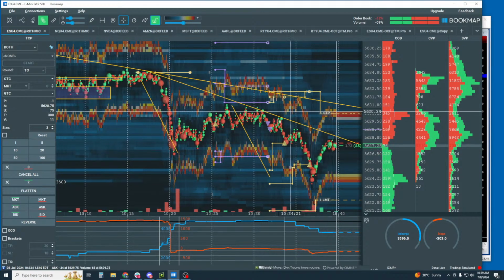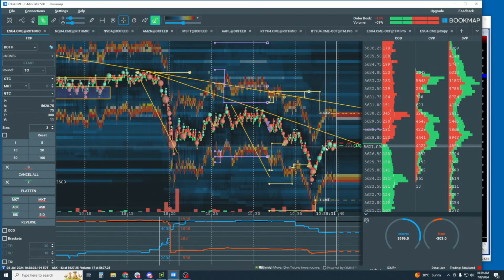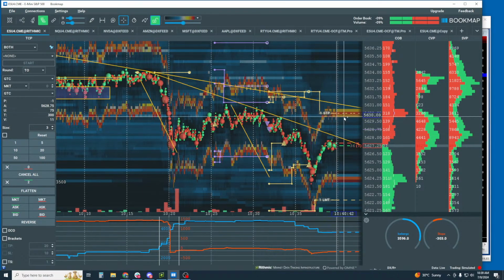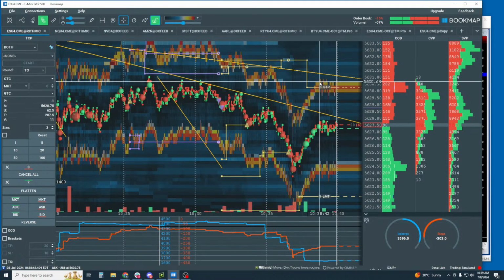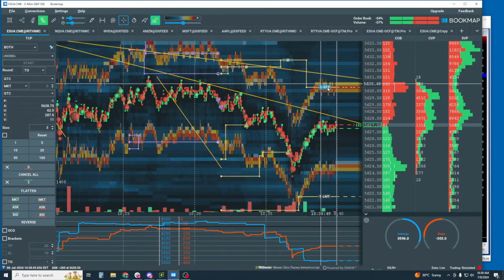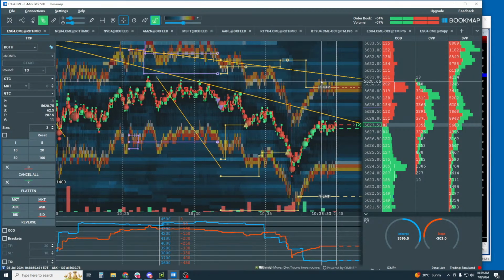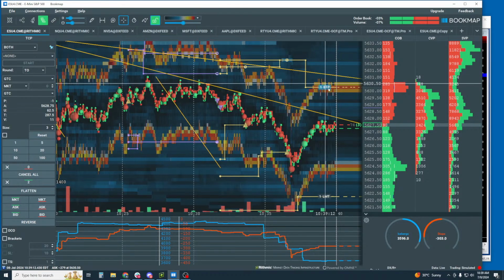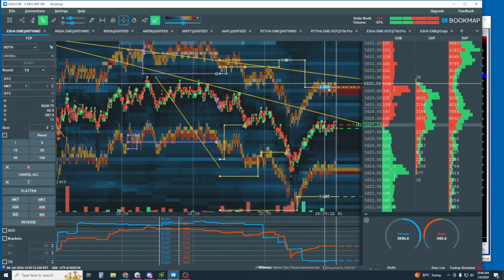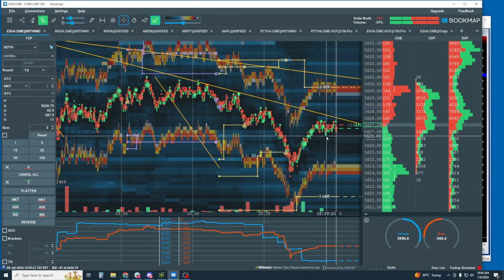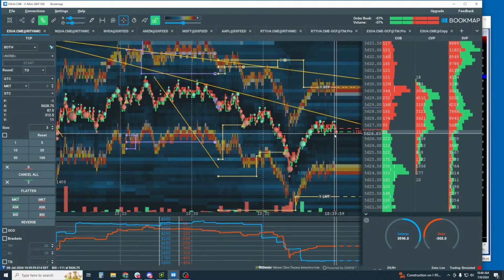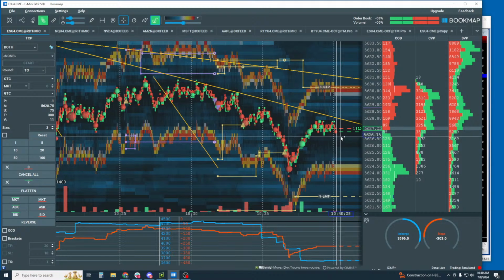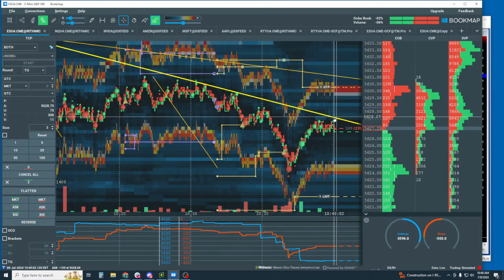I do see some buying coming in up here, but the market structure is still sell side here. Let's see if we see a bit more selling in here, and if we do, we could even jump back into this again.